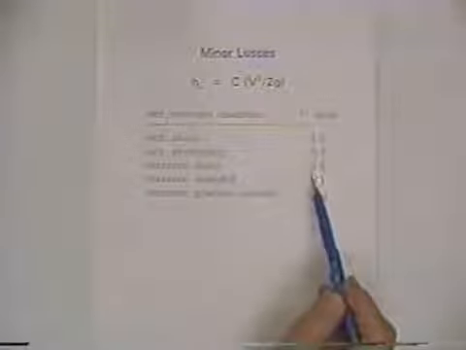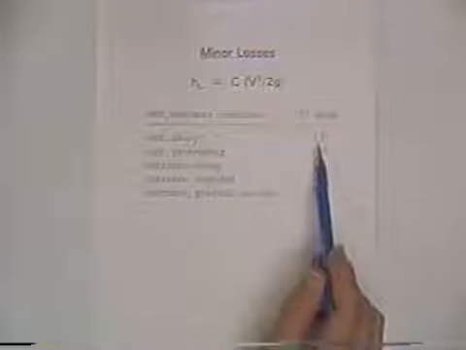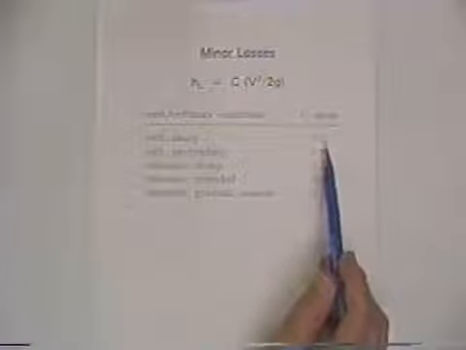But we also have entrance and exit losses. And so we go back to a table from the manual, and in this problem we've got a sharp entrance and a sharp exit. So we're going to use 0.5, which is a pretty standard number for a sharp-edged entrance, and 1.0 for the exit.